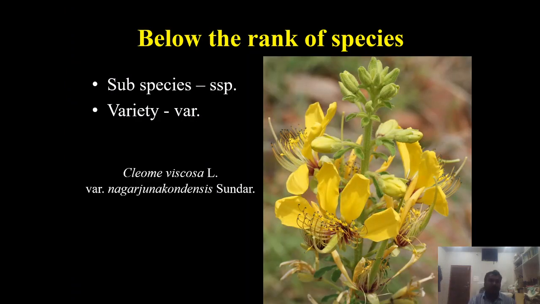Now, below the rank of species, there is a subspecies below the species, variety below the subspecies, and form below the variety. If you want to name a subspecies, I have to put ssp. before the name of the subspecies, and for variety, var.